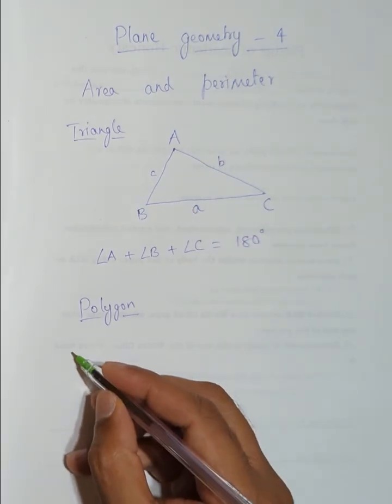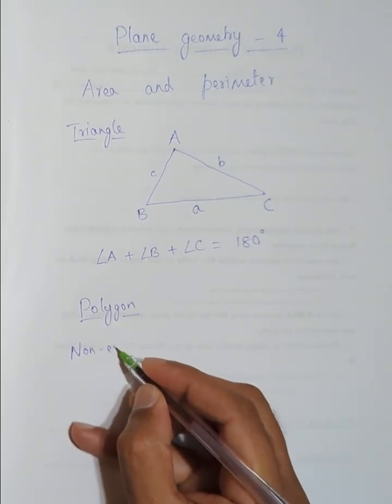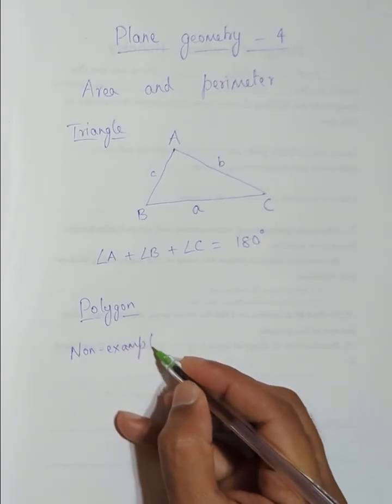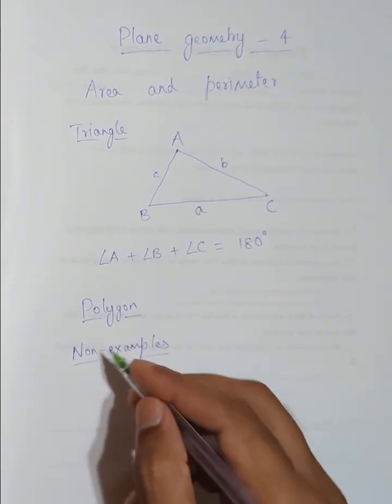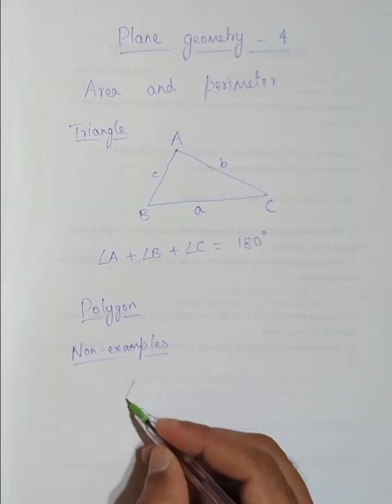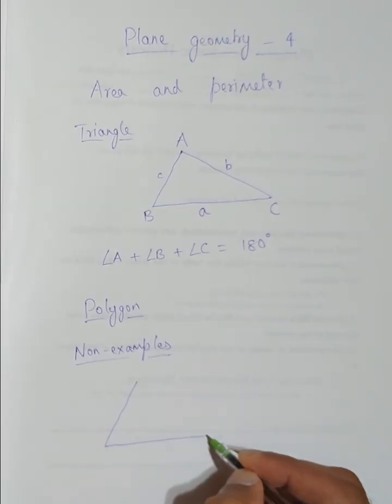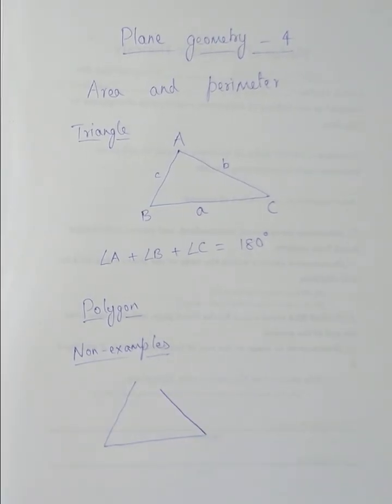So what are some non-examples? Let's write down some non-examples of polygons. So how can something fail to be a polygon? If the shape is not closed. So say you have this shape. This is not a polygon because it's not closed.